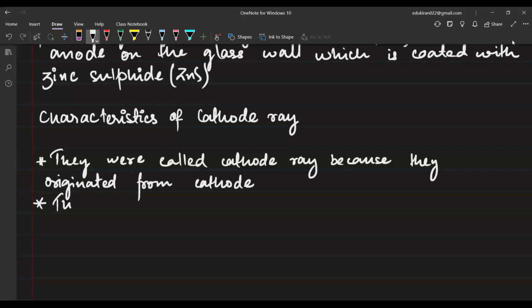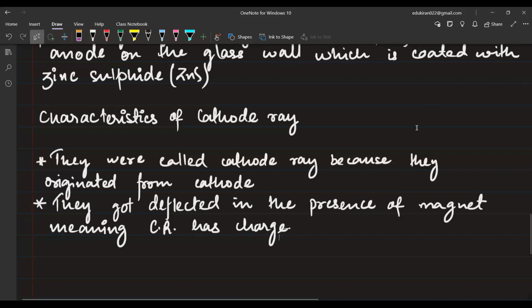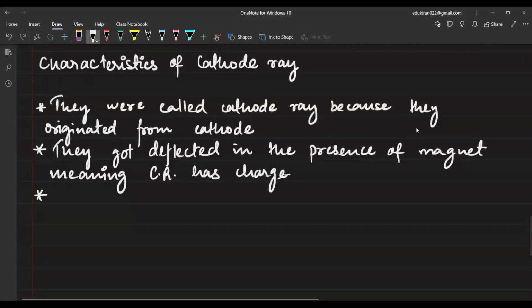Next, they got deflected in the presence of a magnet. Meaning, cathode rays have charge.